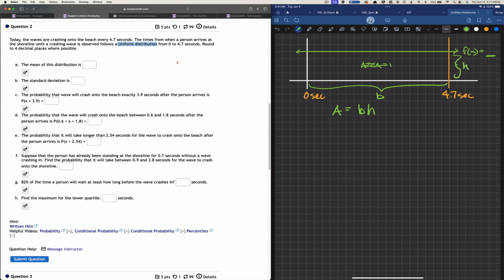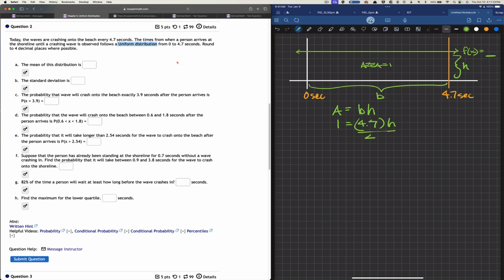We can determine the base because it goes from 0 to 4.7, so my base is 4.7 in length. And the height is, I don't know, so I'll just leave it as h. And my area is 1, because the area of the rectangle, the probability, is 1.